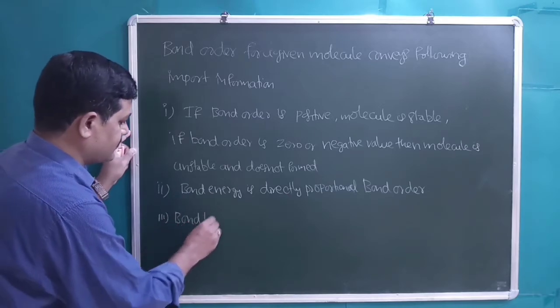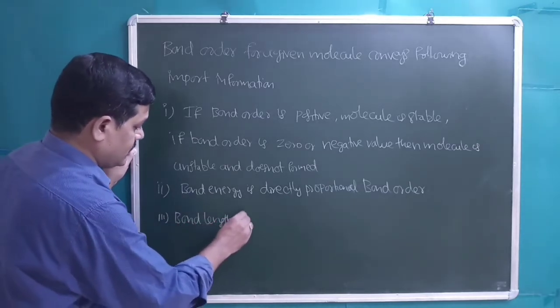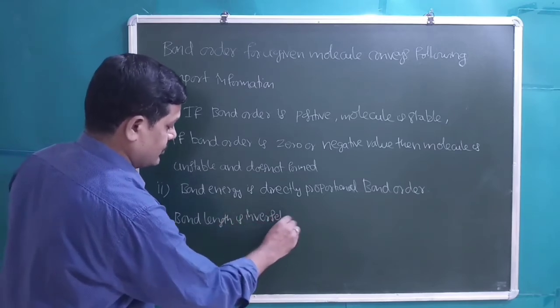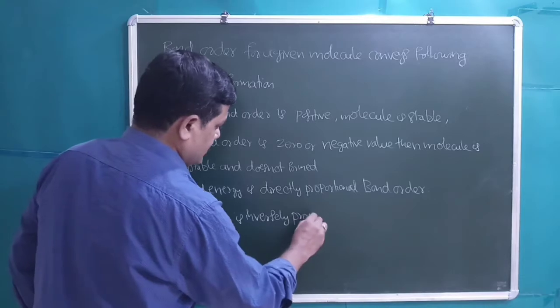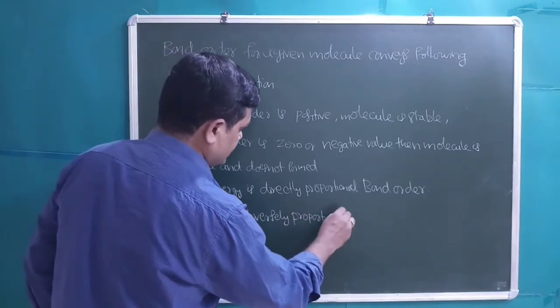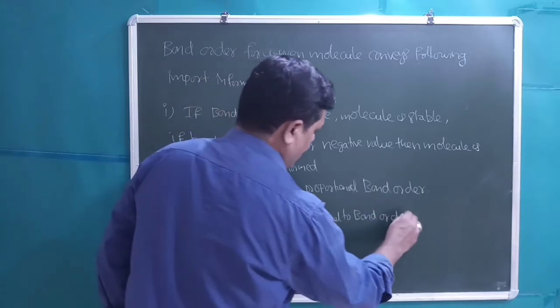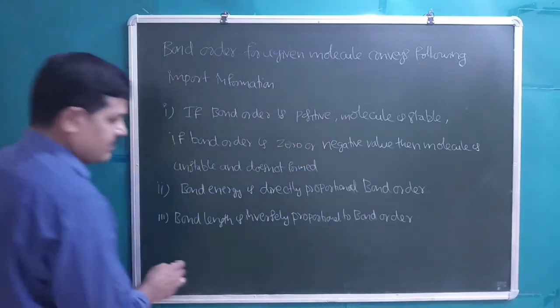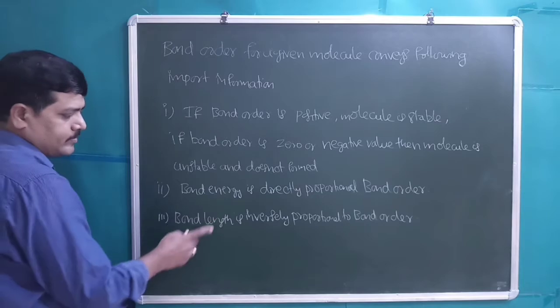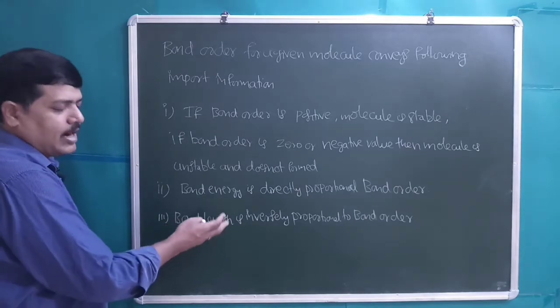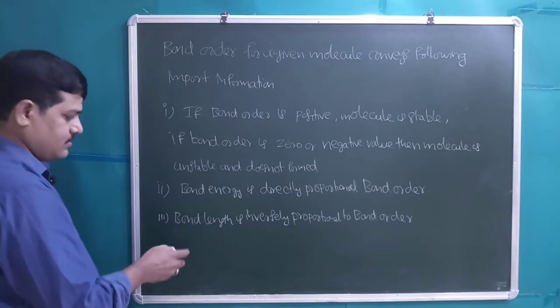Bond length is inversely proportional to bond order. That means as the bond order increases, the bond becomes shorter.